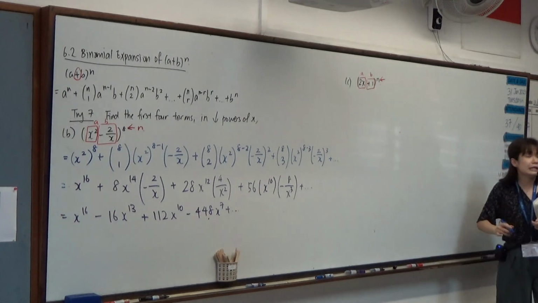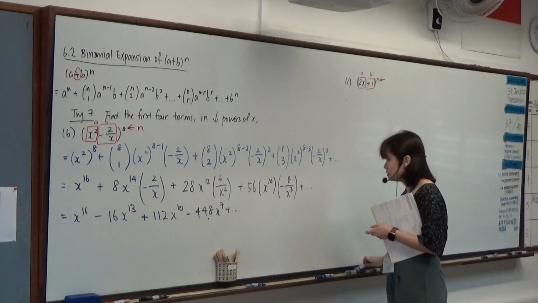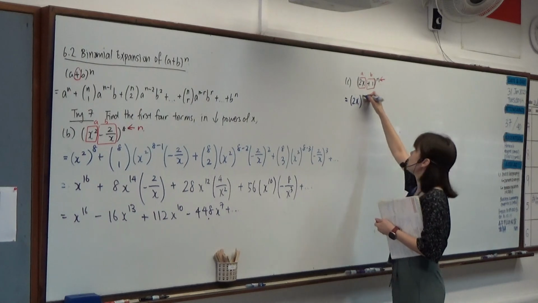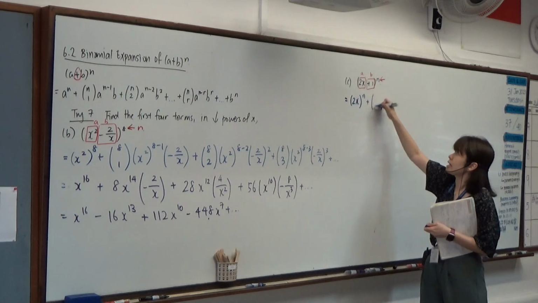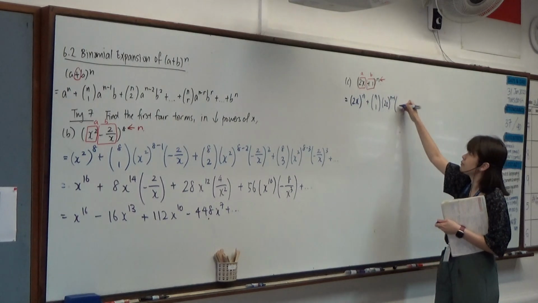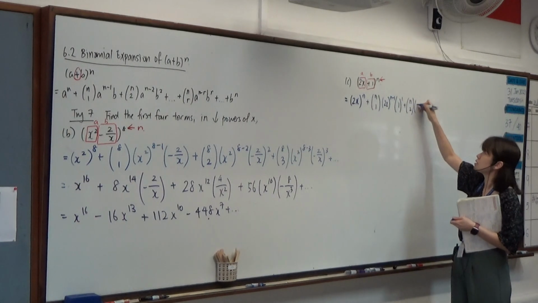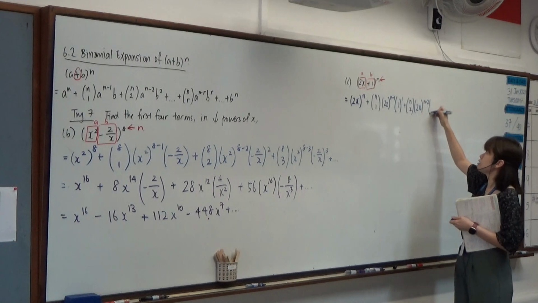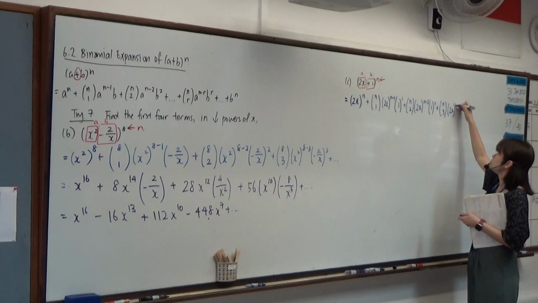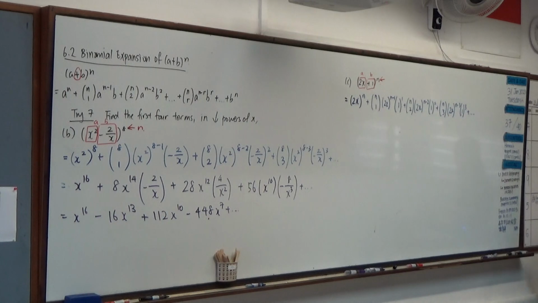So applying the formula, what we'll get for the first term will be 2x to the power of n plus n choose 1, 2x to the power of n minus 1, 1 to the power of 1. And then we continue.